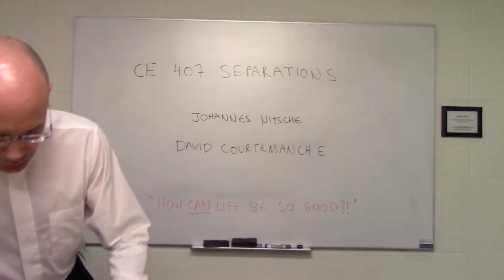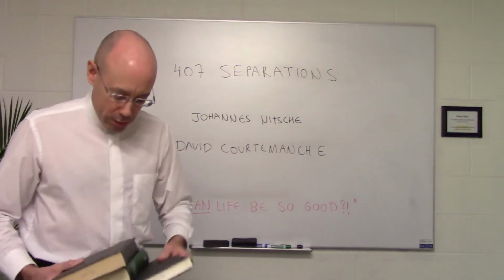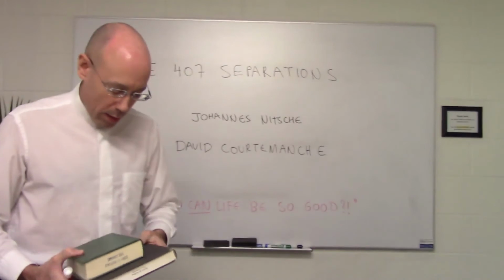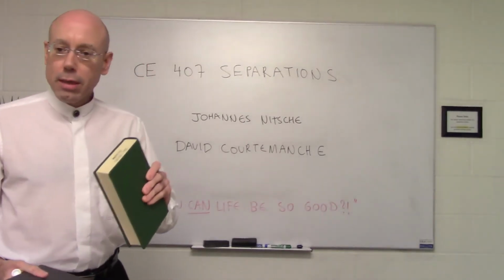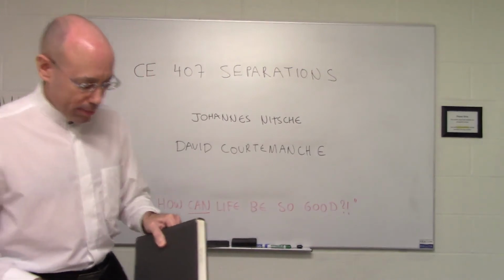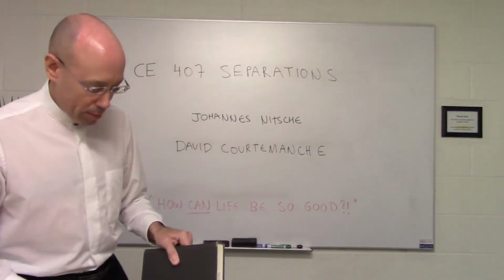So I've got here some other books. Here's a piece of the collected works of William Shakespeare. Here's David Copperfield by Charles Dickens, and here's a collection of some literature which includes Heart of Darkness by Joseph Conrad.